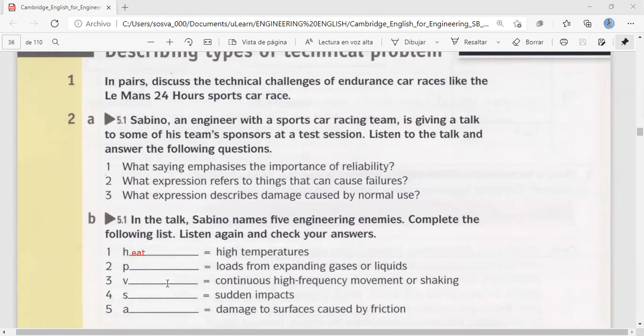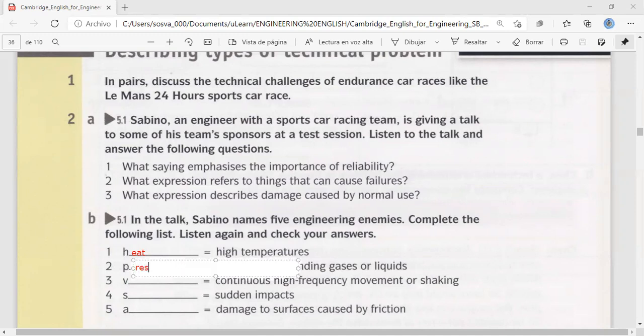Number 2, loads from expanding gases or liquids, and it starts with P. When we talk about gases and liquids, the oil, it's like pressures.